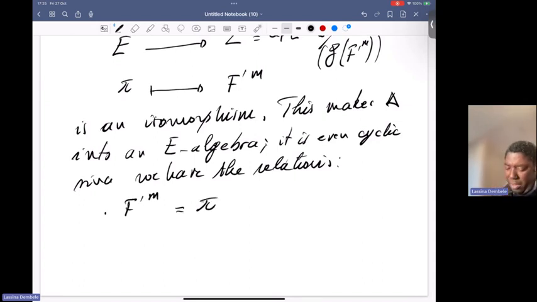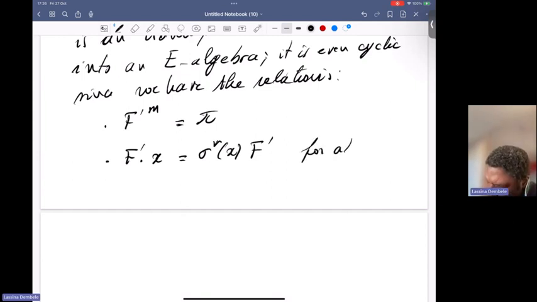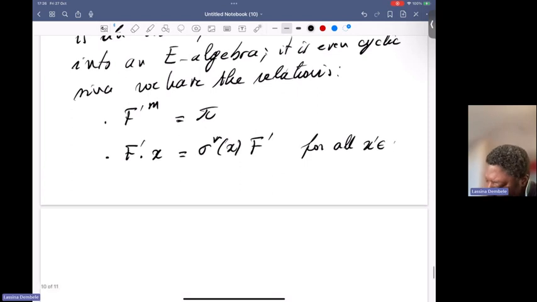So we know that pi, if we take f prime and we raise it to the power m, it will be this, and then when we take f prime and we multiply it by x, this is going to be sigma to the r of x times f prime, and this is going to be true for all x in K0, right?